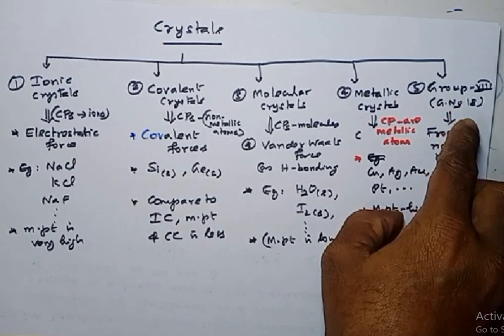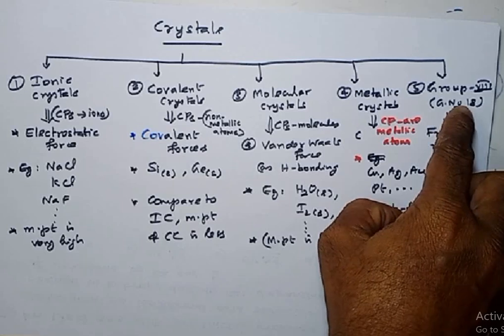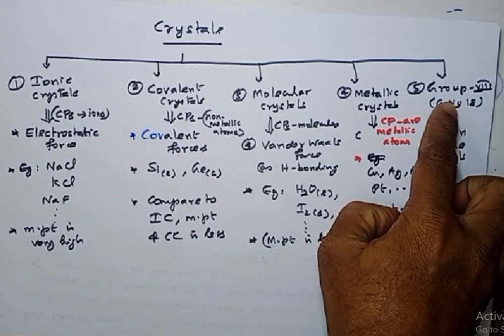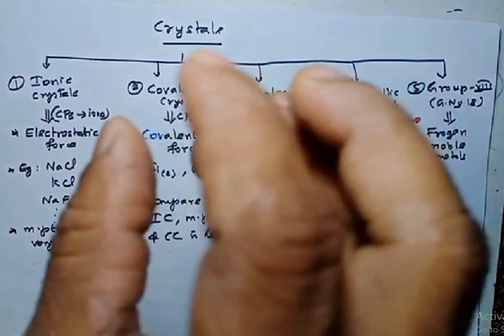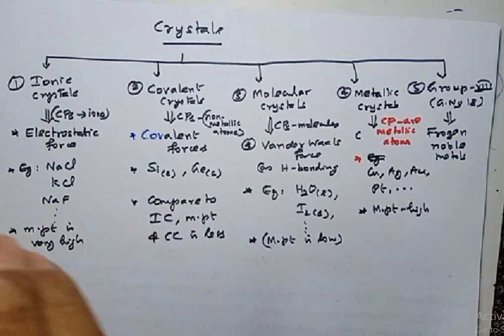Actually, noble group 18 elements are gases, but if you condense them, first they form a liquid, then if you cool to a very low temperature, you will get frozen solids, and these solids are called frozen noble metals.